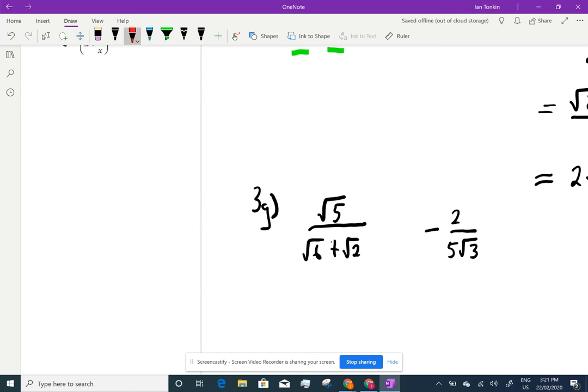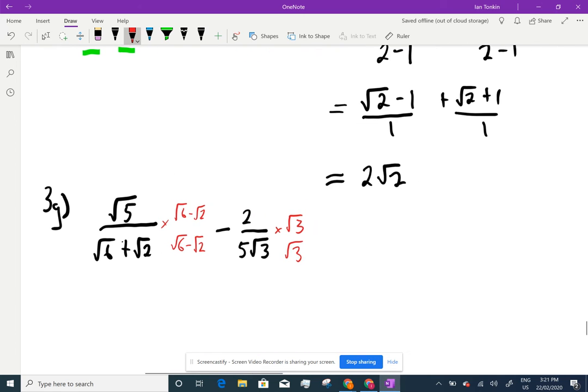So here, I multiply by the conjugate, root 6 minus root 2, and root 6 minus root 2. And here, I just multiply by root 3, because there's no conjugate. There's no adding or subtracting.